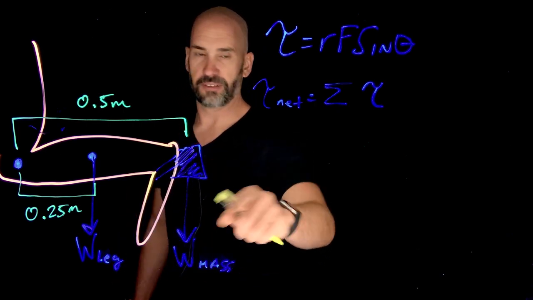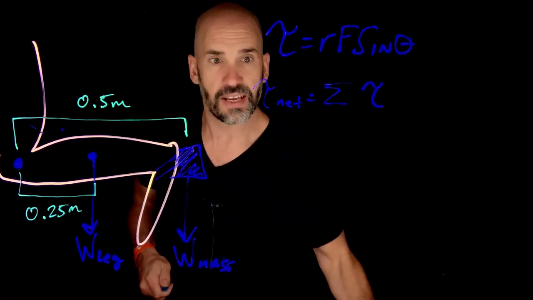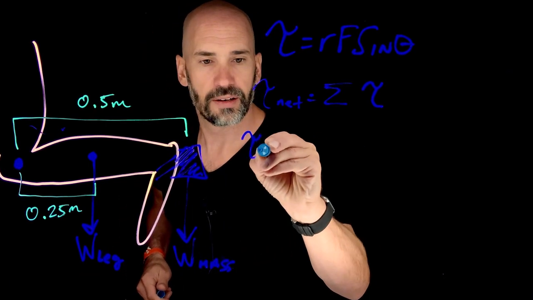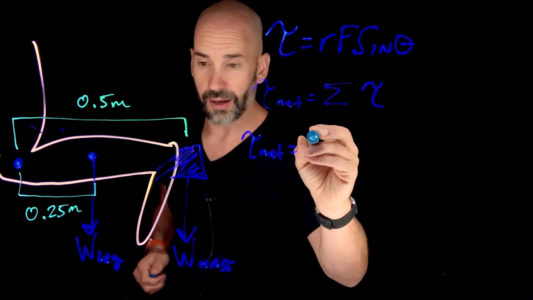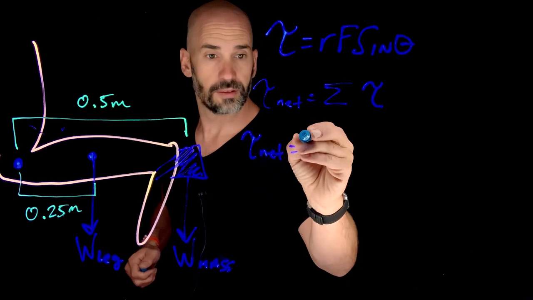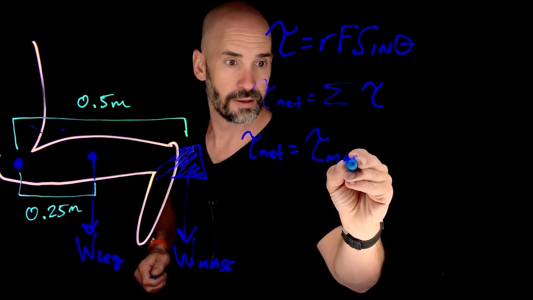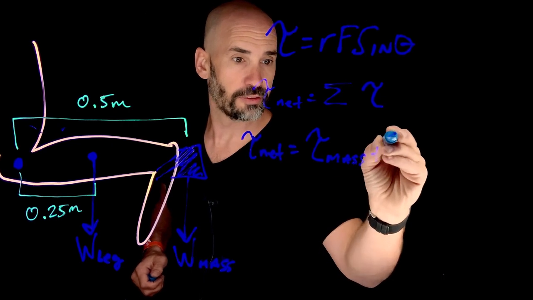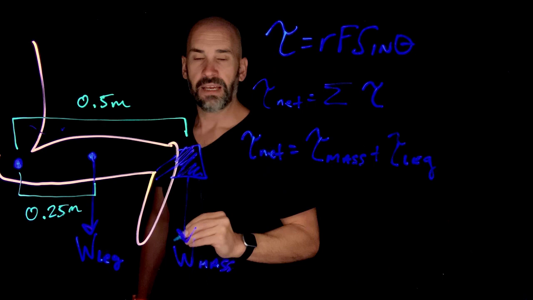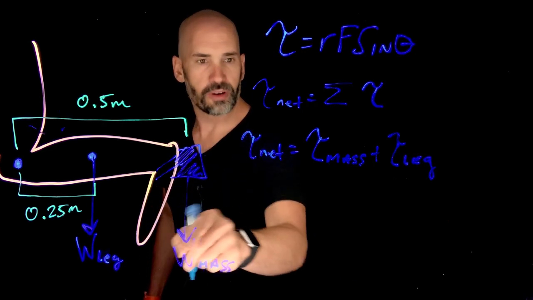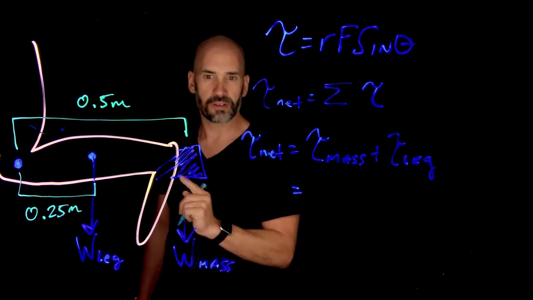The weight of this mass, the torque of this mass. So I can really say that the net torque is going to be equal to the torque due to the mass plus the torque due to the leg. Now, for the torque of the mass, the first thing we have to ask ourselves is whether it is a positive or negative torque.